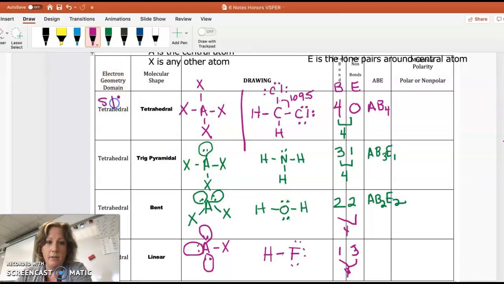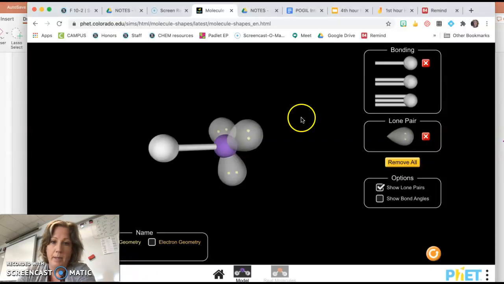So this is another way of saying it's Sp3. So our ABE notation would be AB1, E3. And the shape is linear. So back to the PHET, it's definitely going to be in a line. So this is considered a linear shape.